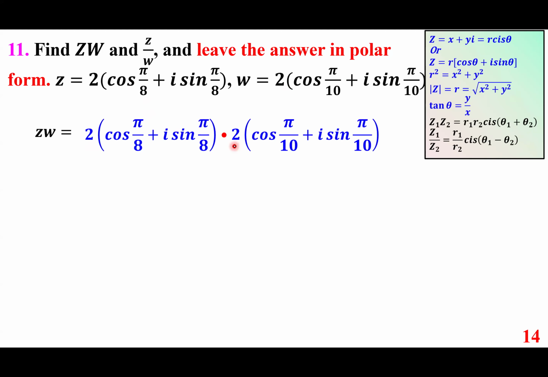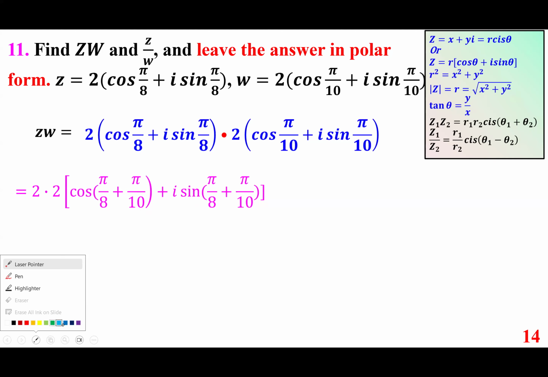So 2 times 2 is 4. And then we're going to add pi over 8 and pi over 10. So 2 times 2, cosine of pi over 8 plus pi over 10, and I sine of pi over 8 plus pi over 10. Let me quickly show you how we add them up. 8 and 10, the common denominator is 40. 40 divided by 8 is 5, so 5 pi. 40 divided by 10 is 4, so 4 pi.